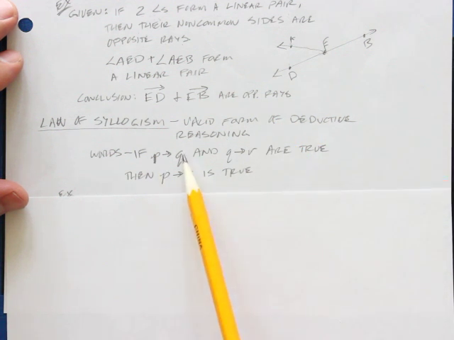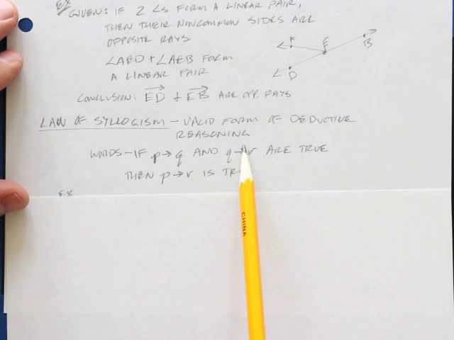So I've got P, Q, and R. If P then Q is true, and Q then R is true, then P then R is true. So what I'm saying here is that if P to Q is true, and Q to R is true, you can skip Q and go straight to R, P to R.